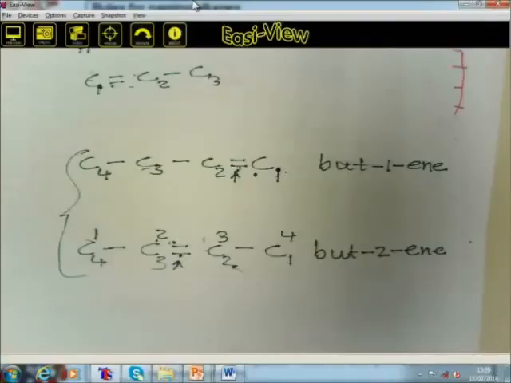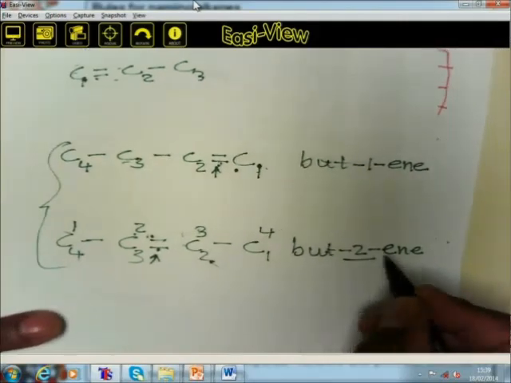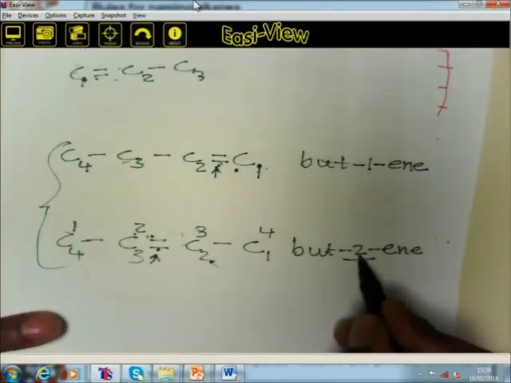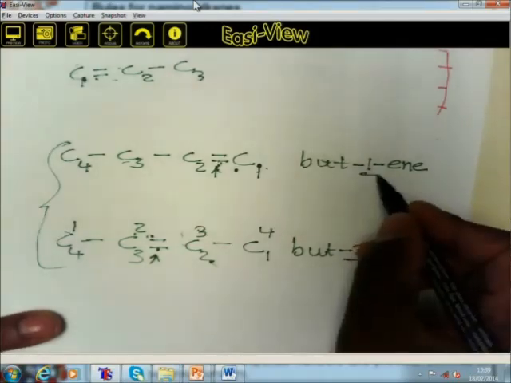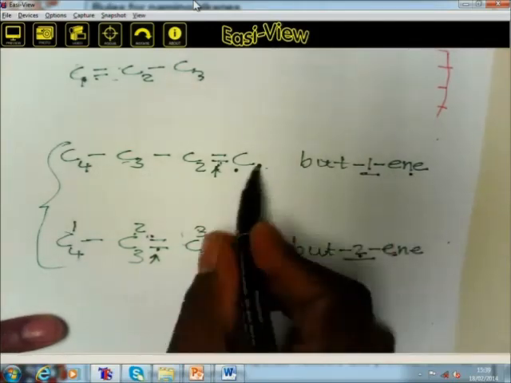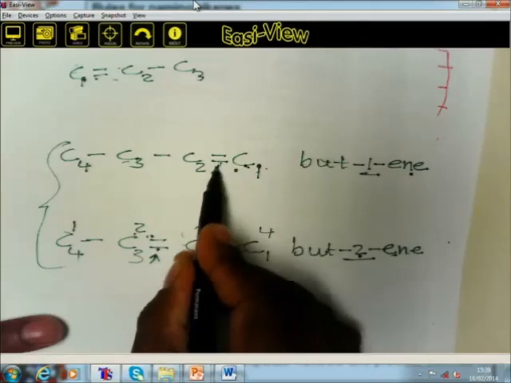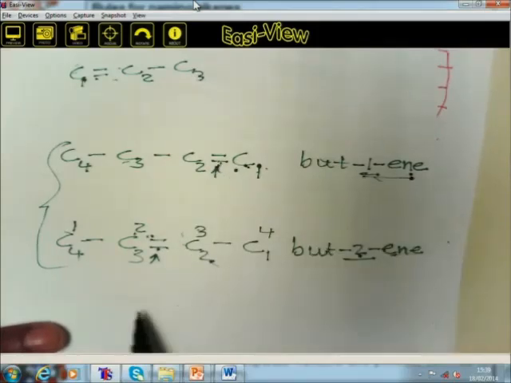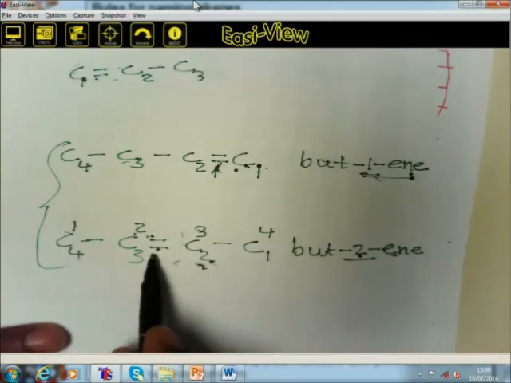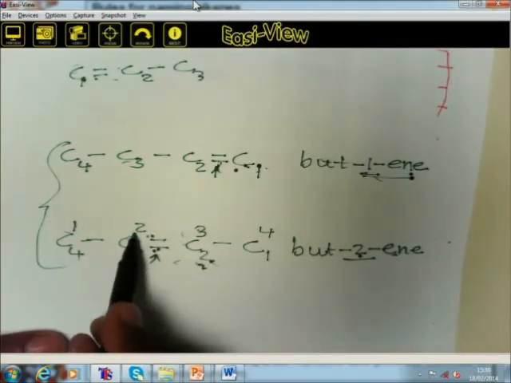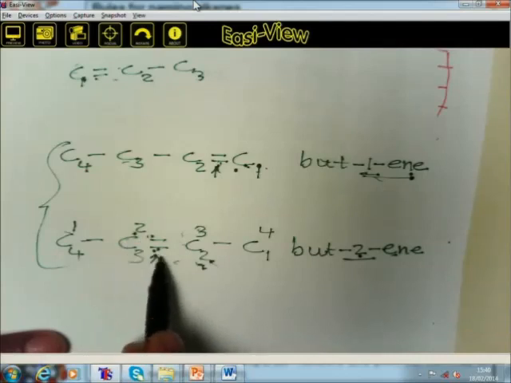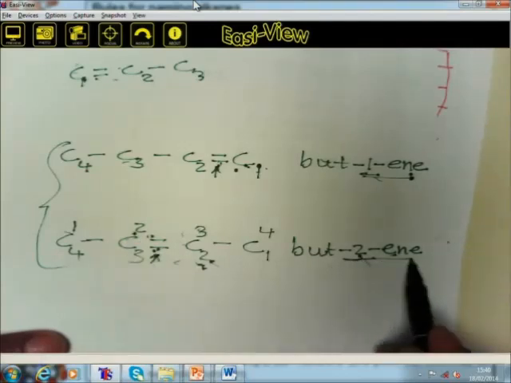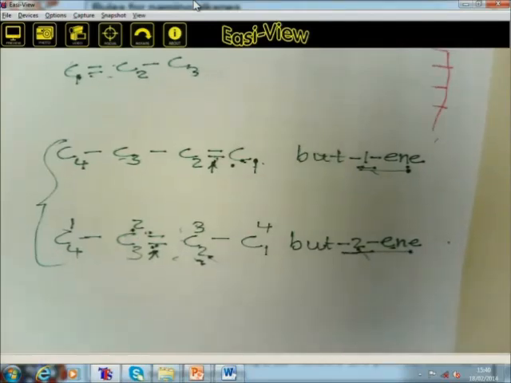You must indicate the position of your double bond in this way: after carbon number 1, I've got a double bond. So there's my carbon number 1, after it I've got a double bond. So there it is, the position of my double bond. And then this one, after carbon number 2, I've got a double bond. Or if I go from this way, after carbon number 2, I've got a double bond, and that will be the name of this compound, but-2-ene. All right?